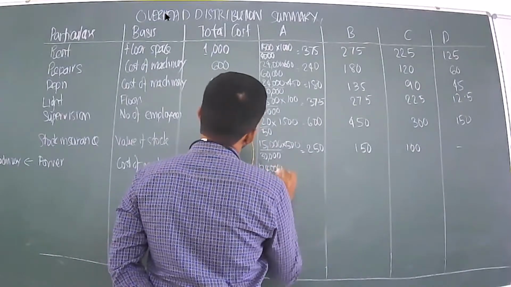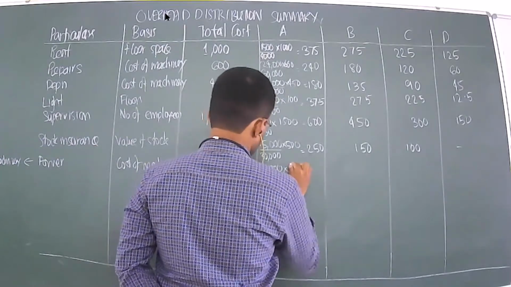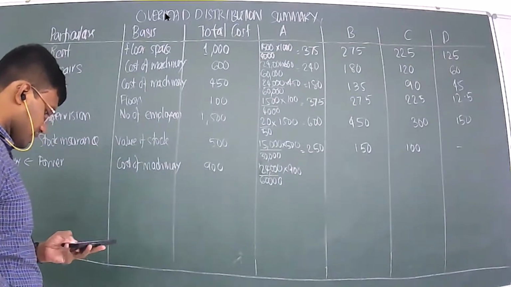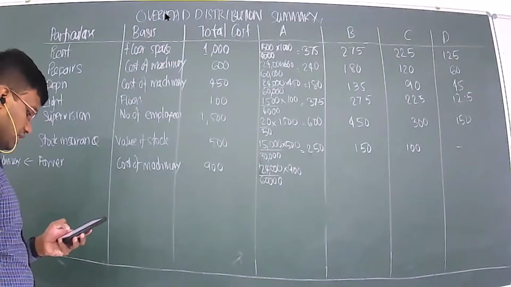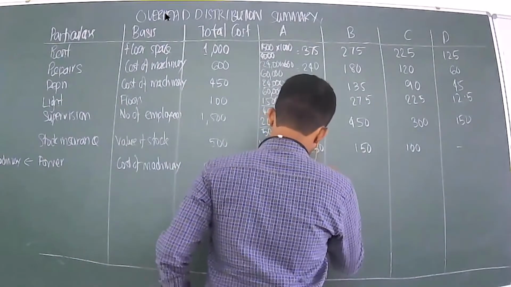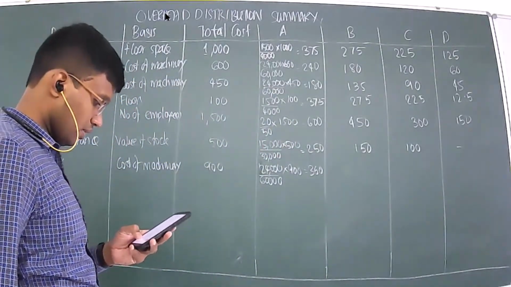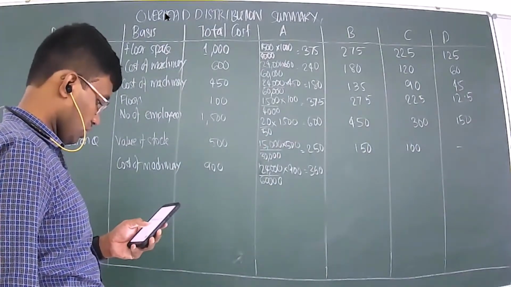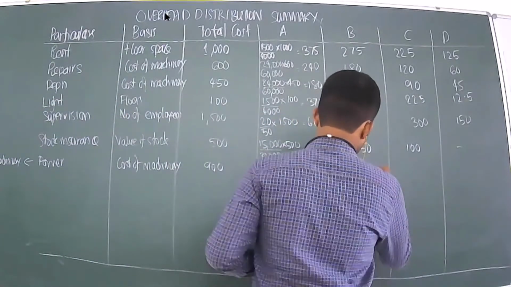24,000 divided by 60,000 into 900. Let's calculate this. 24,000 into 900 divided by 60,000 is 360. Next one would be 18,000 divided by 60,000 into 900, which will be 270.